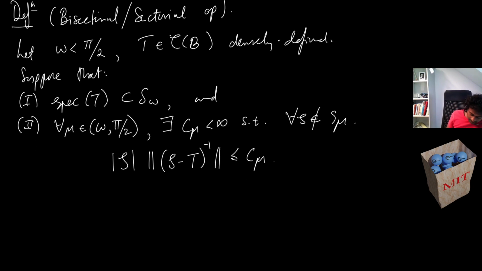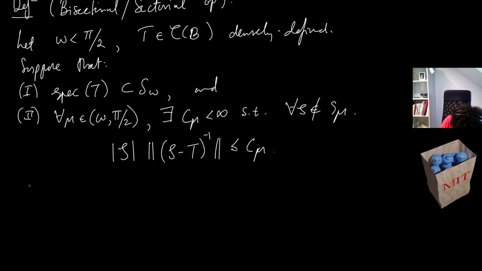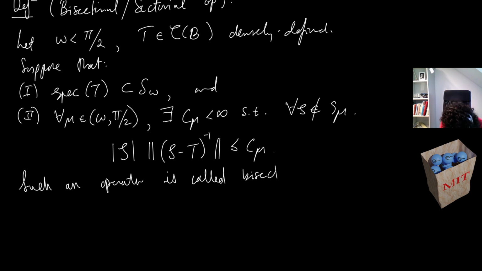So this is the notion of a bisectorial operator, and condition number 2 is really what takes care of the resolvent bounds that we require. Such an operator is called bisectorial, or omega bisectorial.